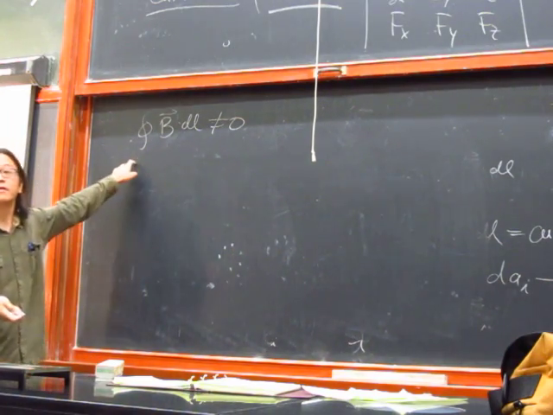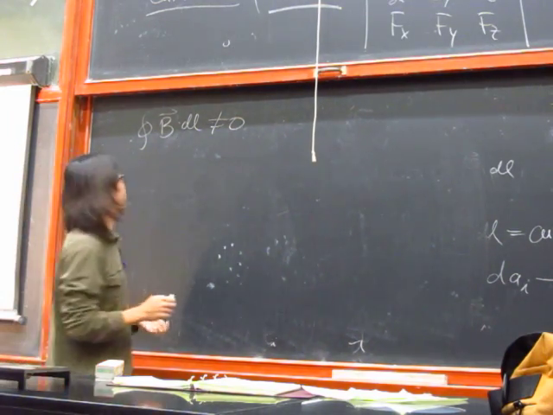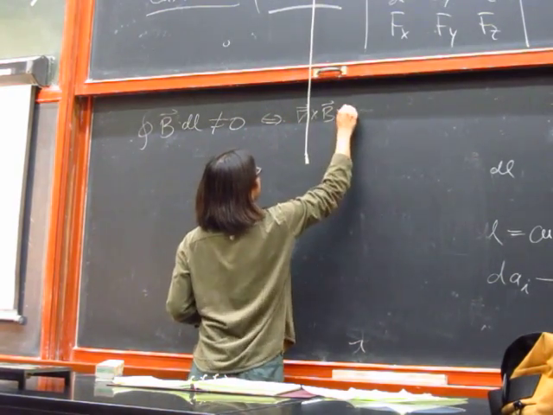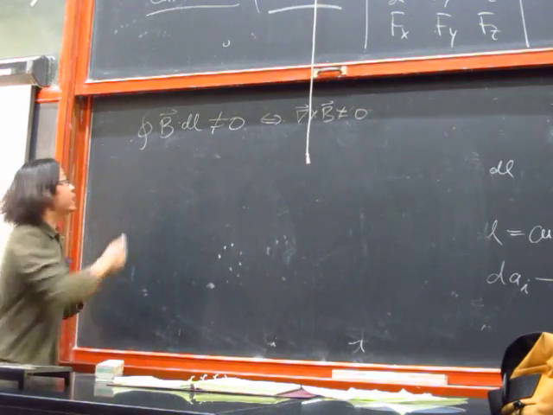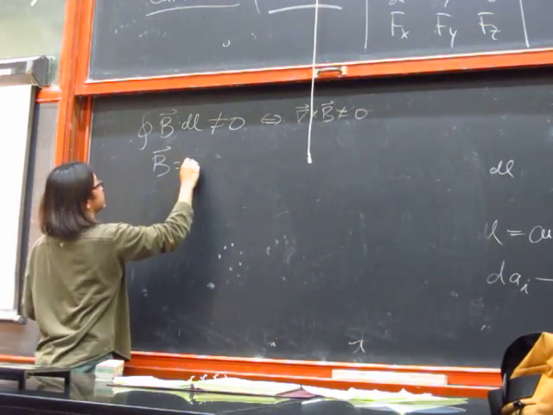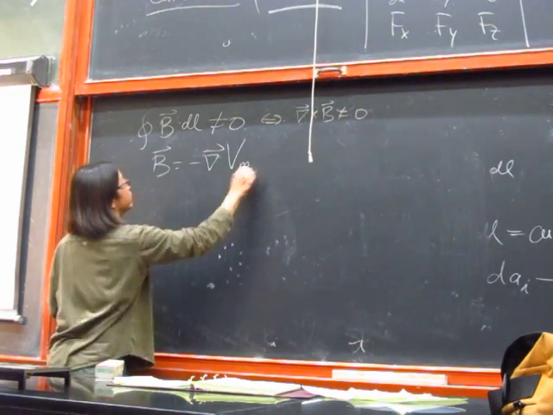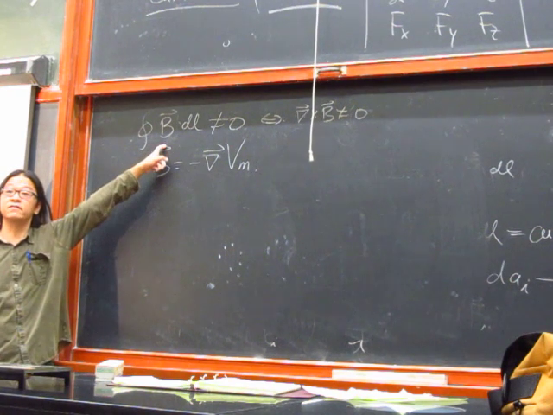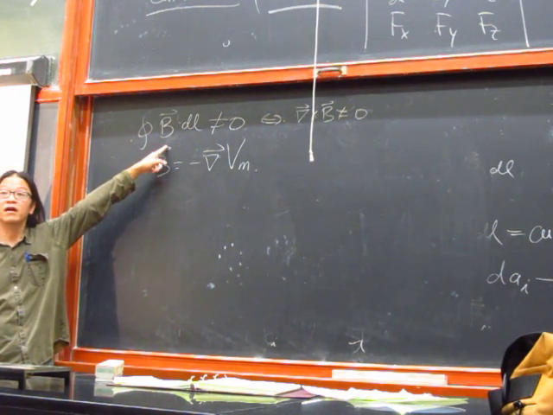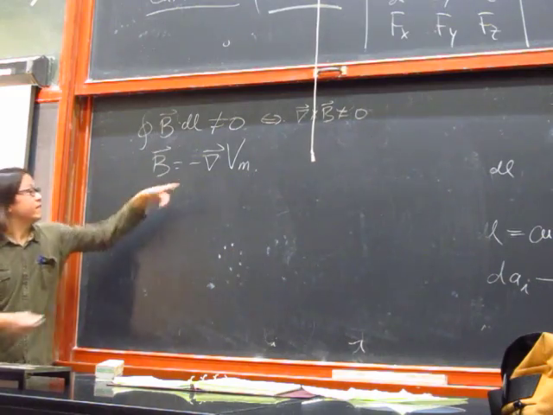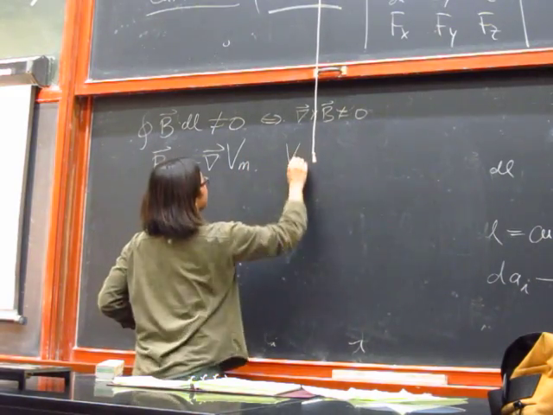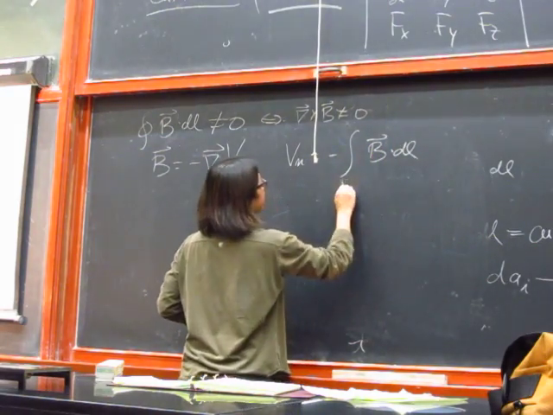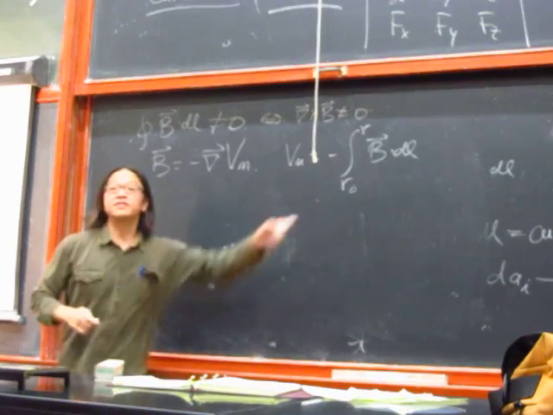The line integral of B around a loop is not 0, or equivalently, the curl of B is not 0. Therefore, I cannot express B as a gradient of some scalar. I cannot have a state function because B is not conservative. If I take V_M to be an integral of B dot dl from some reference r naught to r, this is path dependent.